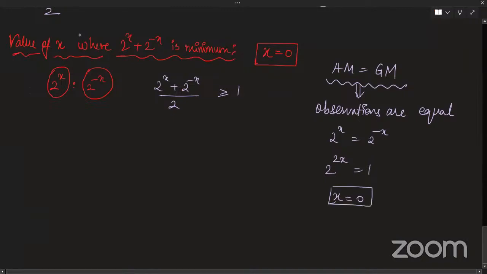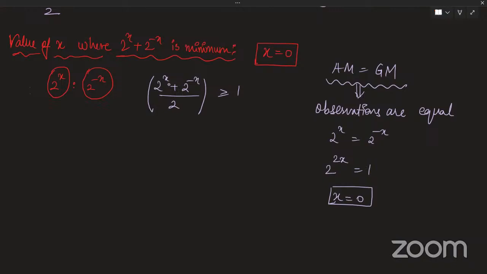Everyone understood? See, if my AM and GM have to be equal, then only I will get my least value of this thing. My GM is 1, okay?